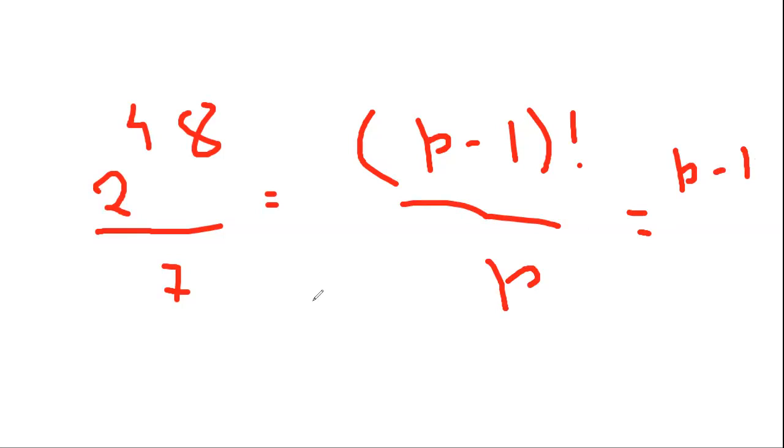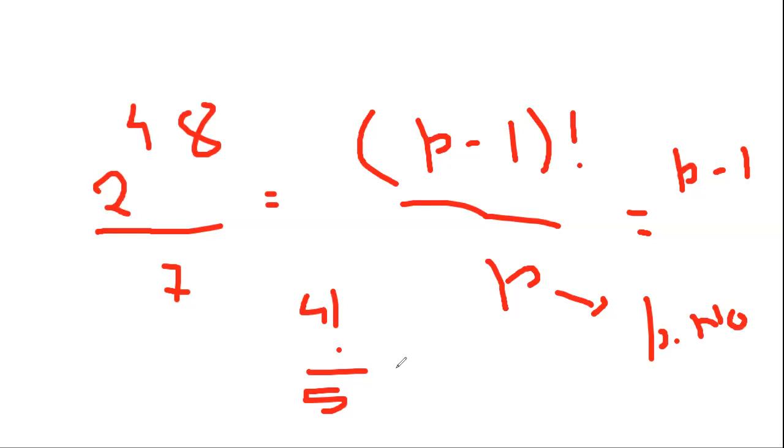For example, if I give you 4 factorial upon 5, so this is p, and this p is a prime number. Remember one thing, this is a prime number. So it is in the form of (p minus 1) factorial upon p, where p is your prime number.